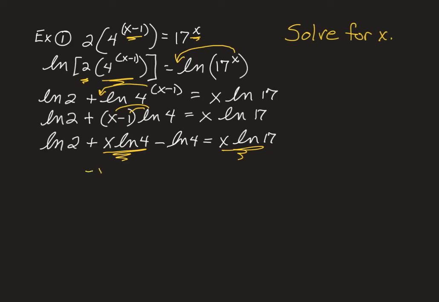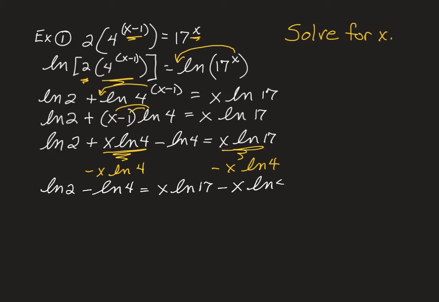So I'm going to subtract this x term, x natural log of 4, on the left-hand side, and I have x times the natural log of 17 minus x times the natural log of 4 on the right-hand side.